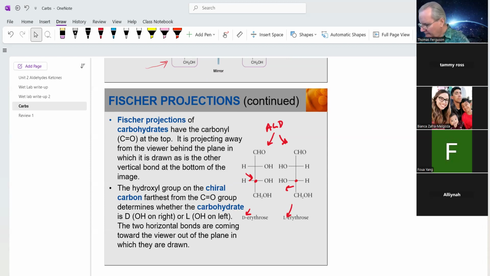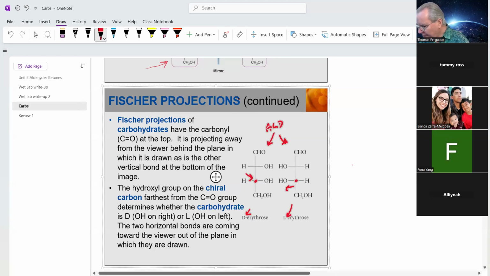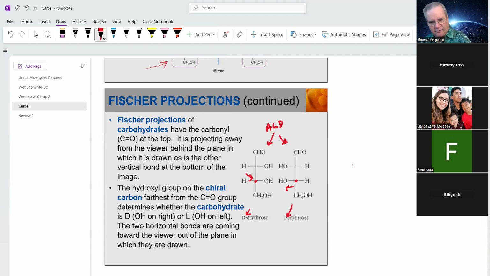So if this is the Fischer drawing, we put the aldehyde part at the top. And then as we go down, the OHs are going to go to the left or the right.